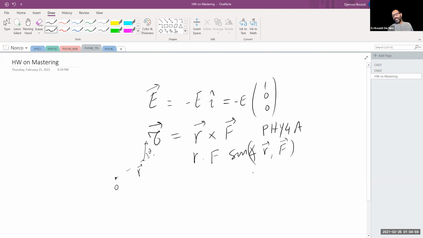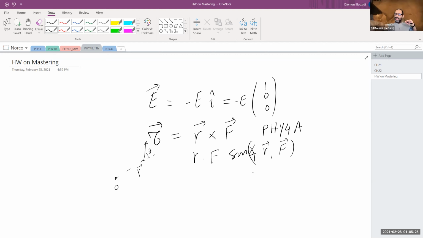That's the torque. The direction of the torque is given by the right-hand rule, if we use the second formula. If this is R and this is F, the torque is perpendicular to both R and F. But for this problem it's much easier not to use the right-hand rule and all of that.